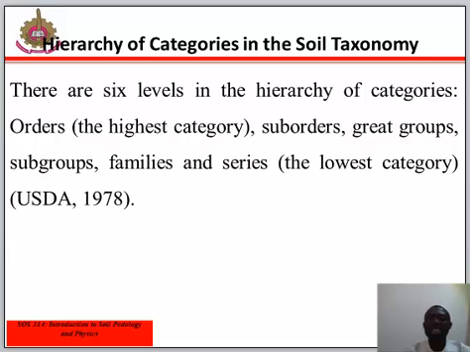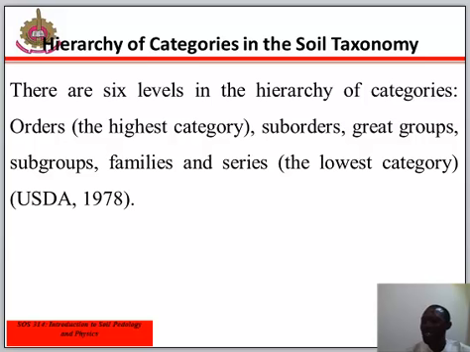Suborders. It is the next level of generalization. It permits more statements to be made about a given soil. In addition to morphological characteristics, other soil properties are used to classify the soil. The suborder focuses on genetic homogeneity like wetness or other climatic factors.